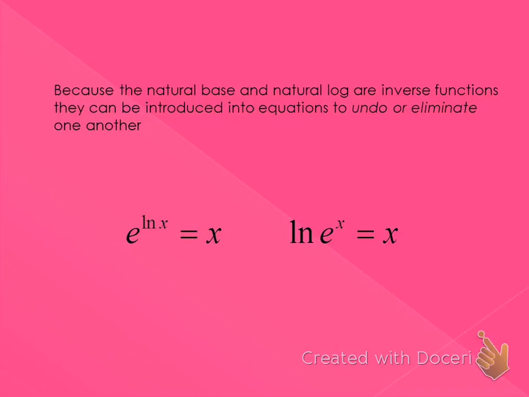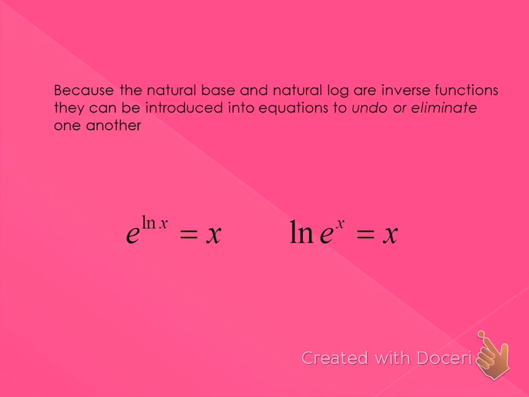Just like how in section 6 we took logs of both sides, you can take natural logs of both sides as well. The tricky one: you can take an E power of both sides.